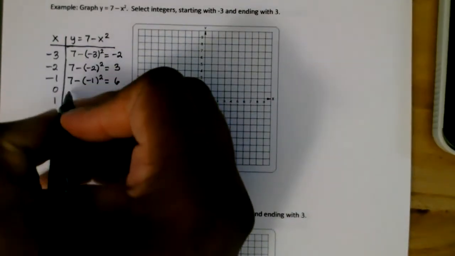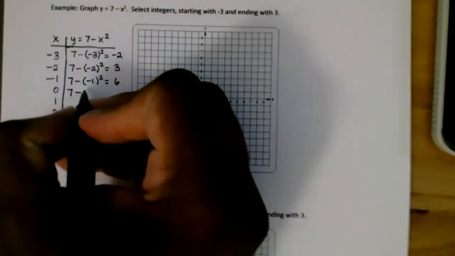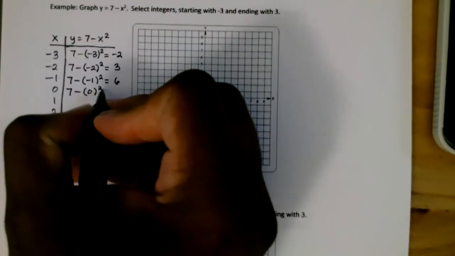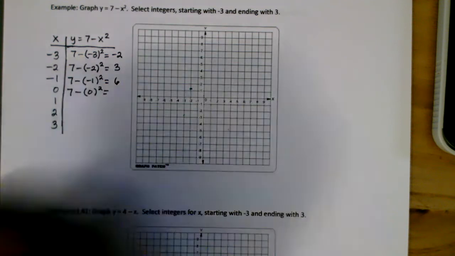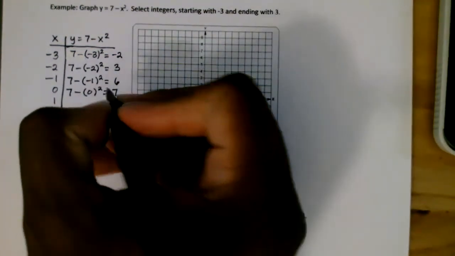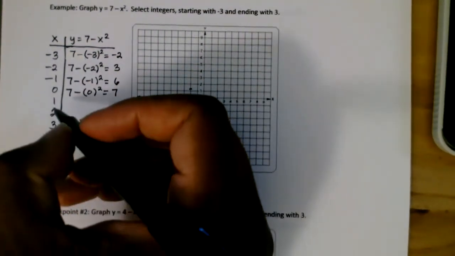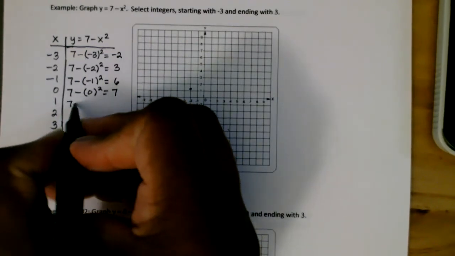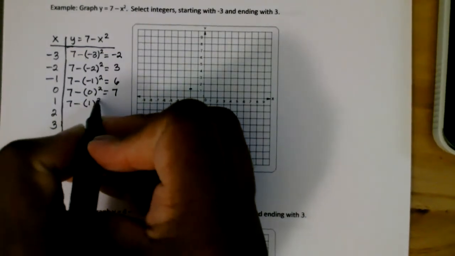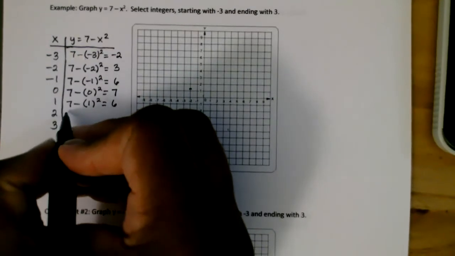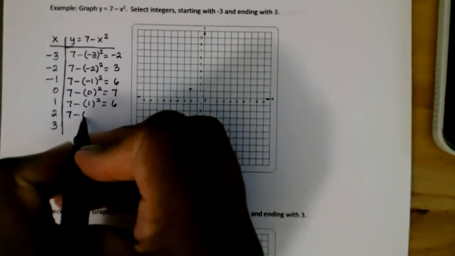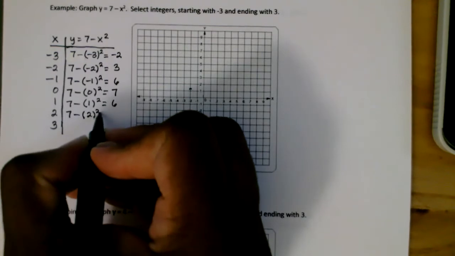And then for x equals 0, just substitute 0 in for x. 0 squared is 0. 7 minus 0 is 7. And then for x equal 1, I'll do 7 minus 1 squared. Well, 1 squared is going to be 1. 7 minus 1 will be 6. And then for x equals 2, this will be 7 minus 2 squared.